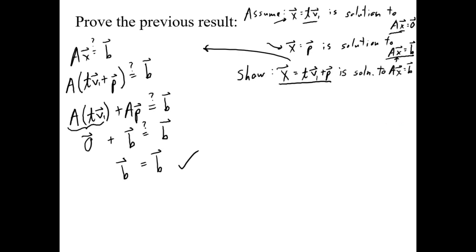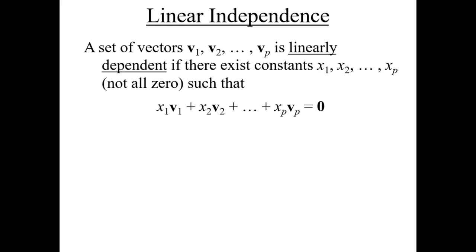Now, let me introduce another concept here, the idea of linear independence. A set of vectors v1, v2, etc., is linearly dependent if there exist some constants x1, x2, up through xp, not all zero, such that when I combine them using those coefficients, the result is zero.